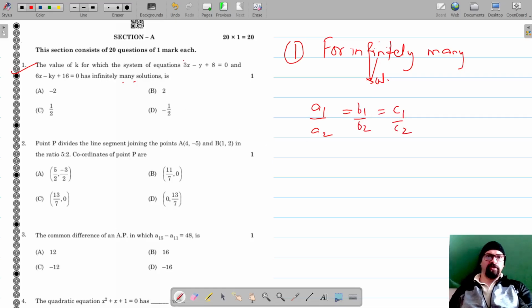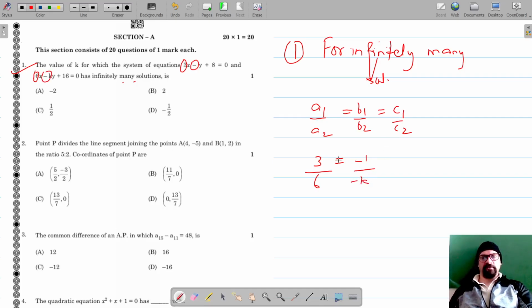c2. So here a1 is the coefficient of variable x of the first equation, which is 3. A2 is the coefficient of variable x of the second equation, that is 6. And b1 is the coefficient of variable y of the first equation, which is -1. b2 is minus k.